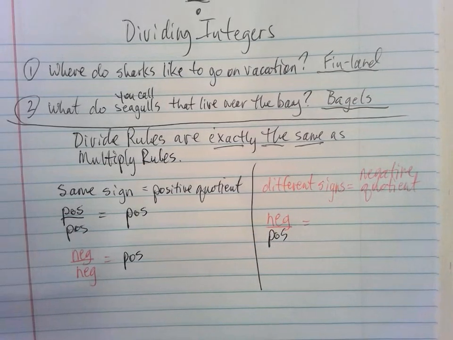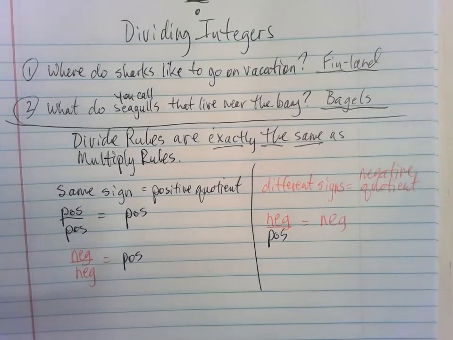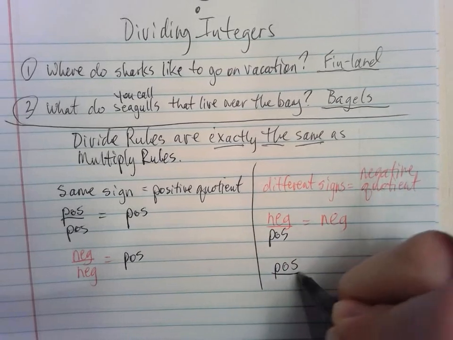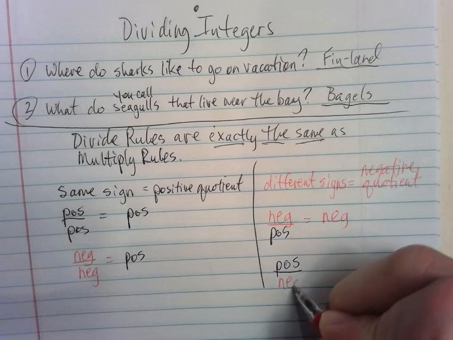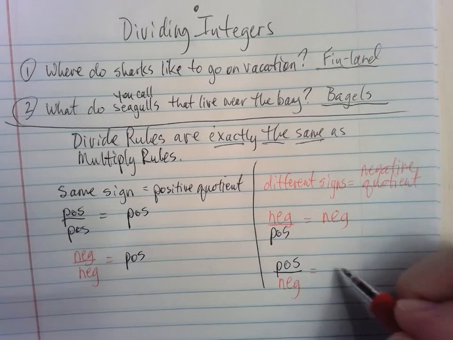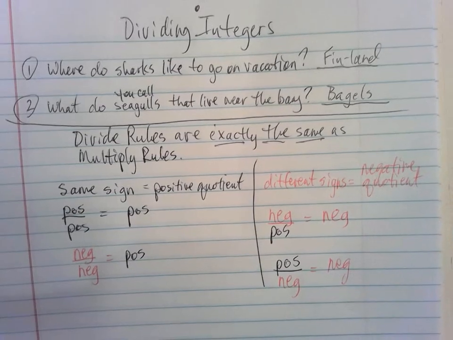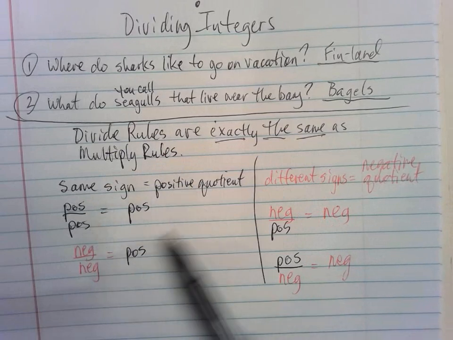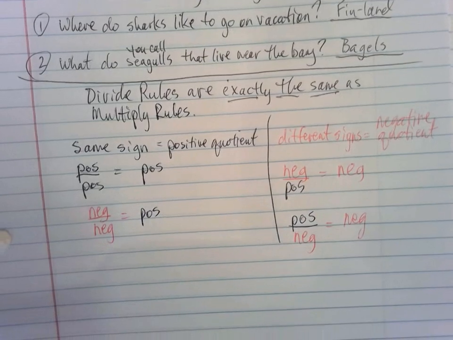What's the quotient going to be? That's going to be a negative quotient. And what about if it's the other way around, with the positive number on top and the negative number on the bottom? A positive divided by a negative is going to give you a negative quotient. So, again, multiply rules, divide rules, exactly the same. If they've got the same signs, you get a positive quotient. If they've got different signs, you get a negative quotient.